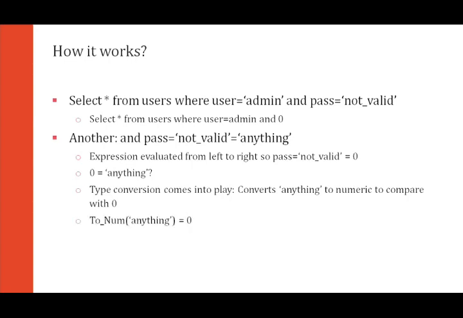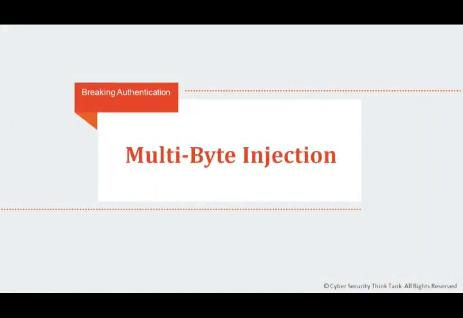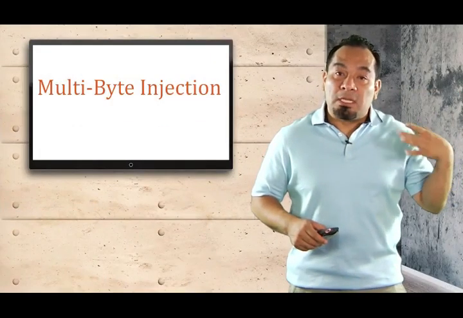And therefore, the anything is going to be 0, which ends up giving us the final comparison of 0 in the left, which we already had, with the 0 in the right. And therefore, it's going to end up saying 0 equals 0, that's true. And therefore, we're going to get a user equal admin and 1. And therefore, we get access to that specific application.